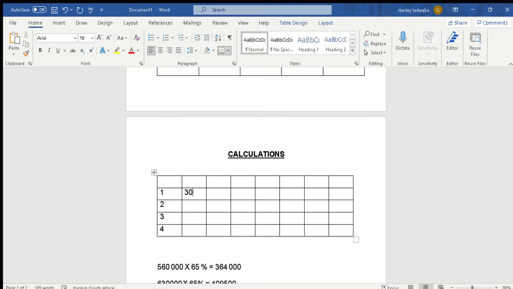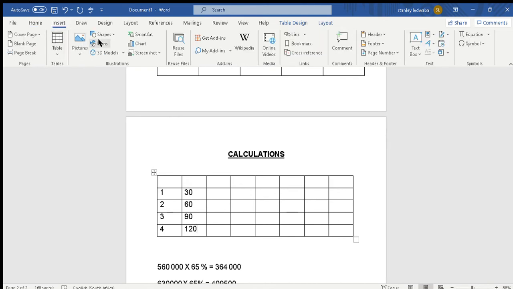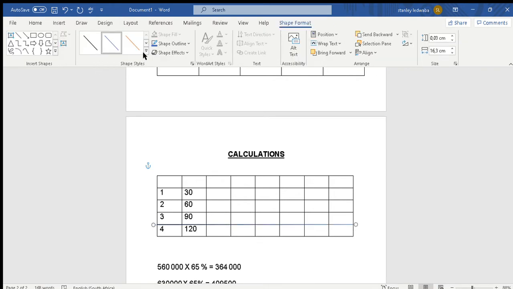Remember, the first month is 30 days, once it reaches the second month it is 60 days, the third one is 90 days, then the fourth one is 120 days, right? To make things easy for you, you put the big line here so that you are not getting confused.